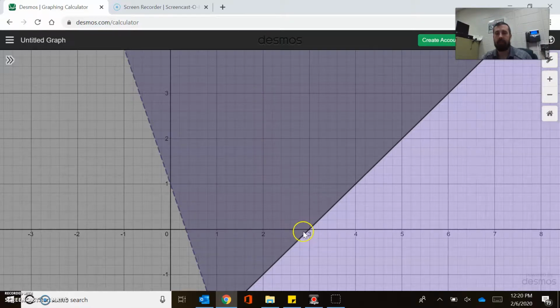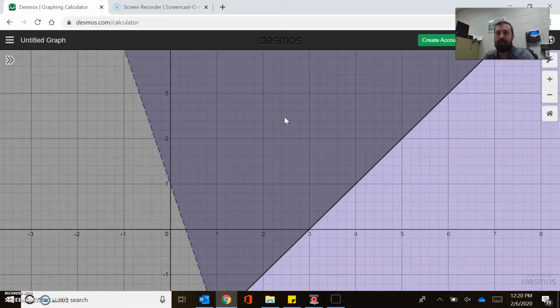Even (3, 0), because that's on a solid line, that would be a solution. But if you look at one like (0, 1), because that's on a dotted line, that actually is not a solution. So knowing the difference between being on a solid line and being on a dotted line is a big deal. But again, all of these are solutions.